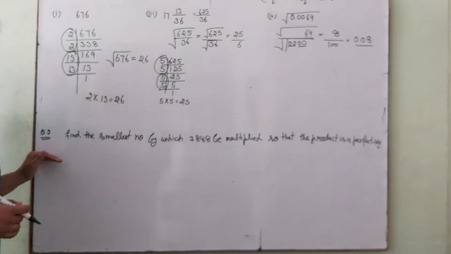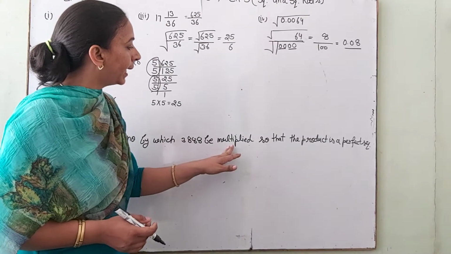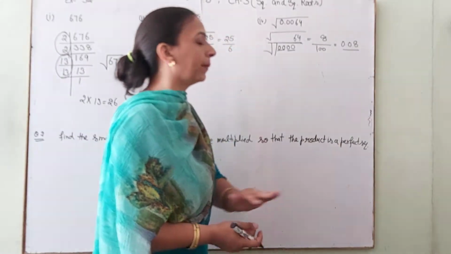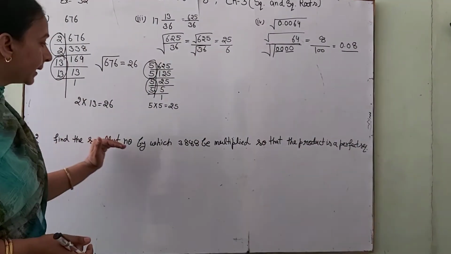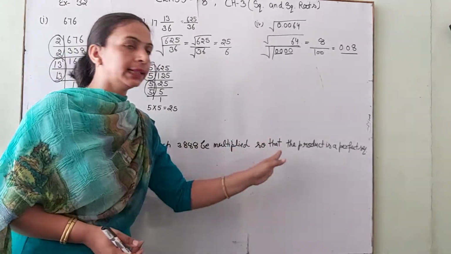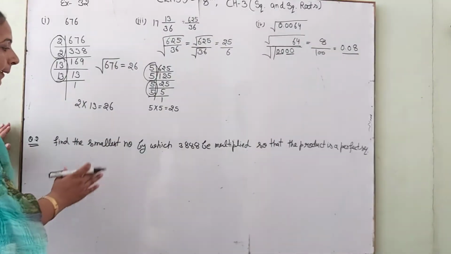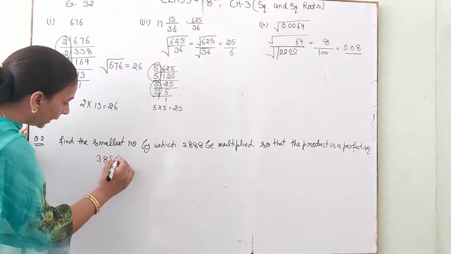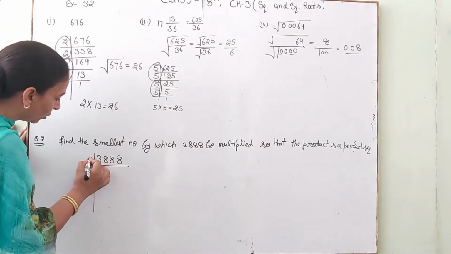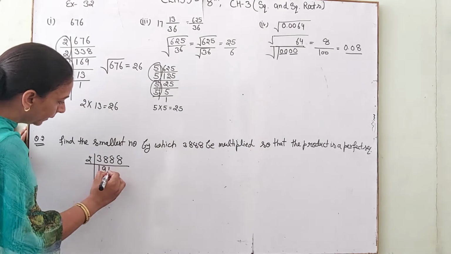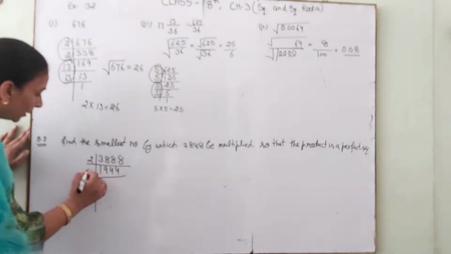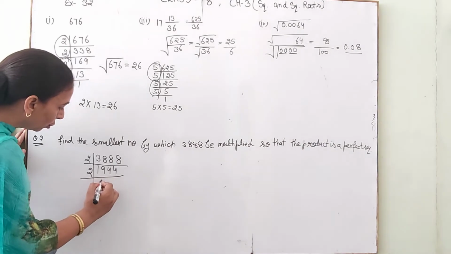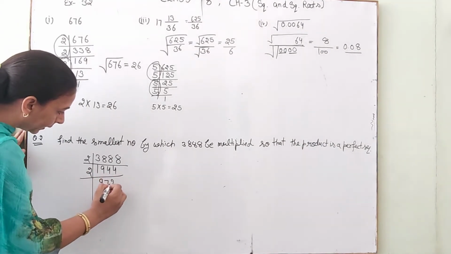Next, question number two: find the smallest number by which 3888 must be multiplied so that the product is a perfect square. So first we find the prime factors of 3888.